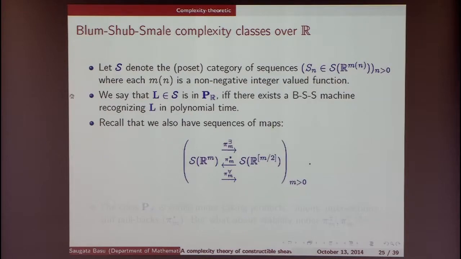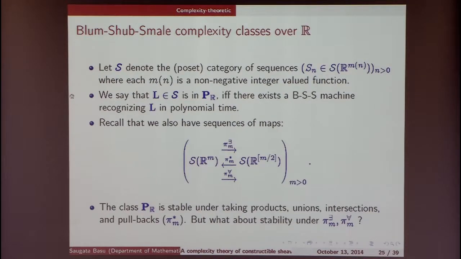Now, recall these maps I introduced right in the beginning, which go from m to m over 2 in these directions. So you have sequences of those maps for each m. Now, this polynomial class has a nice property, which is reminiscent of the property of semi-algebraic sets. It's stable under products and set-theoretic operations, but on sequences here.